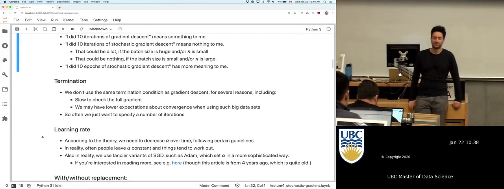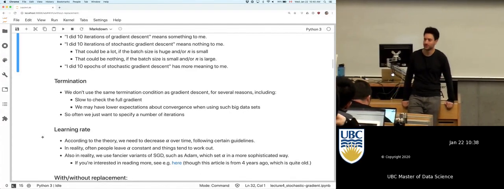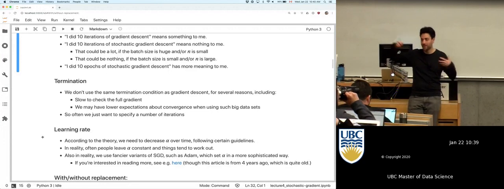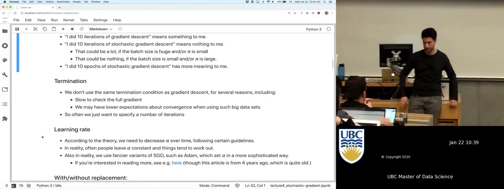You tend not to see numbers like thousands, just because that would probably take too long for a lot of problems people are actually working on. Because, well, if you have a big data set, an epoch means going through that whole big data set, so it could take a long time. So, yeah, you can't really know what a good value is.